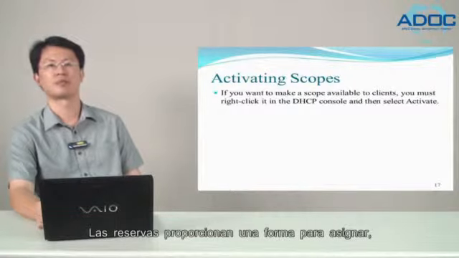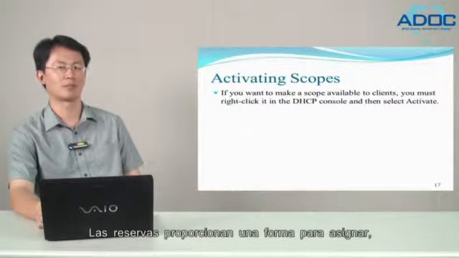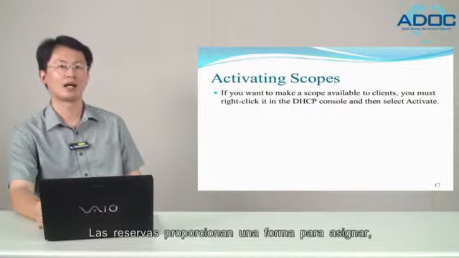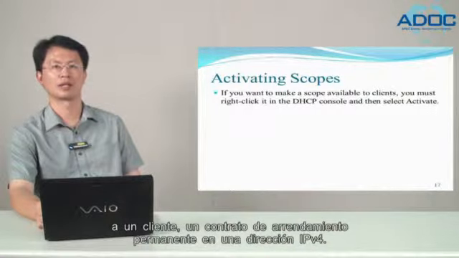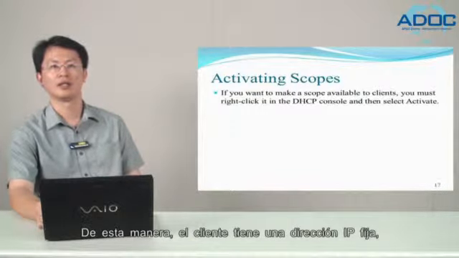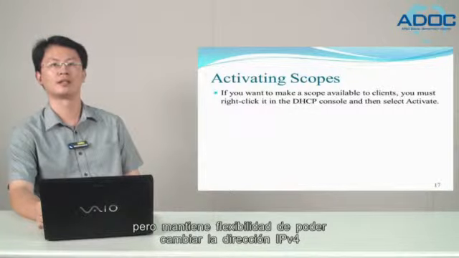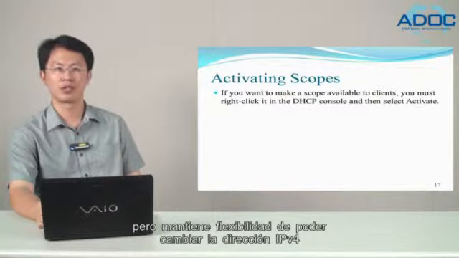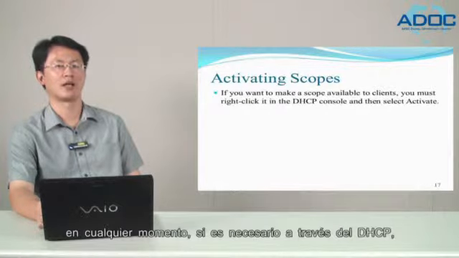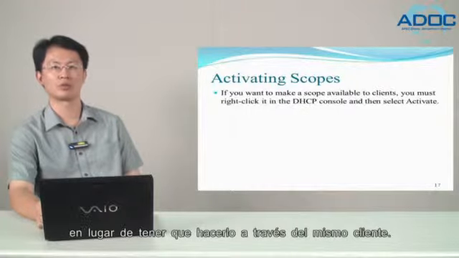Reservations provide a way to assign a permanent lease on an IPv4 address to a client. In this way, the client has a fixed IP address, but you retain flexibility in that you could change the IPv4 address at any time if necessary through DHCP, rather than having to do so on the client.